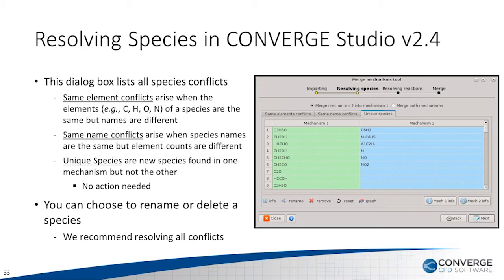Mechanism 1 has one name, and Mech 2 has the same name. However, if you check the thermo data, they have different elements. One may have the hydrogen element, and in Mech 2 there may not be the hydrogen element. The third scenario is the simplest: name and elements are completely different in the 2 mechanisms.